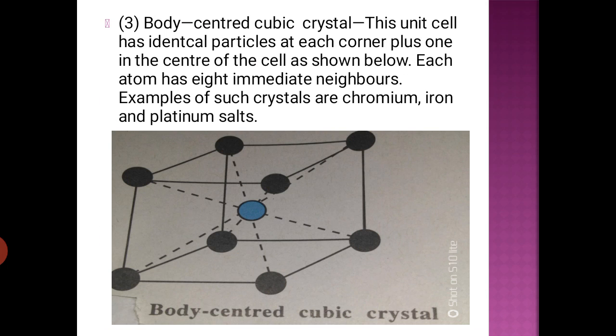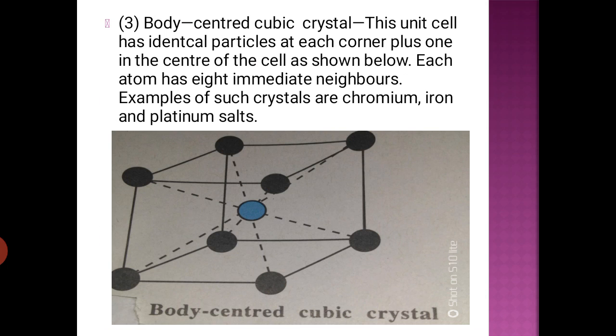Then number 3 arrangement, body-centered cubic crystal. This unit cell has identical particles at each corner plus 1 in the center of the cell, as shown below. You can see the diagram there.